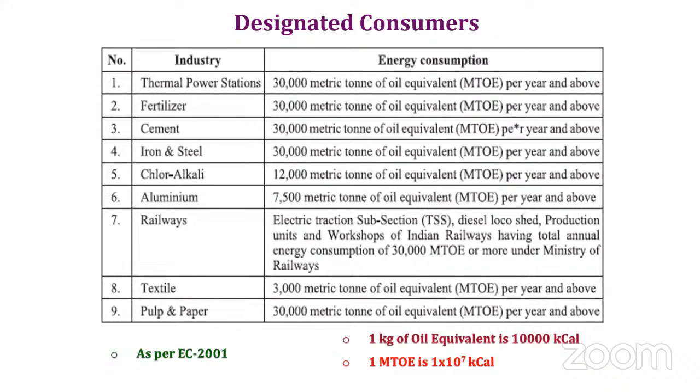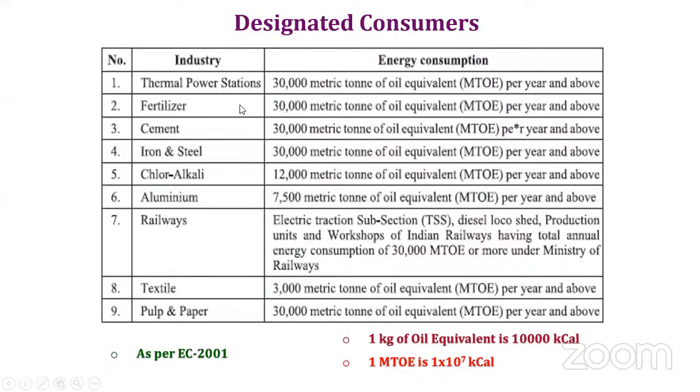Suppose a textile manufacturing industry has an MTOE of 3,500, it comes under the category of designated consumer. This is not the same for all plants.